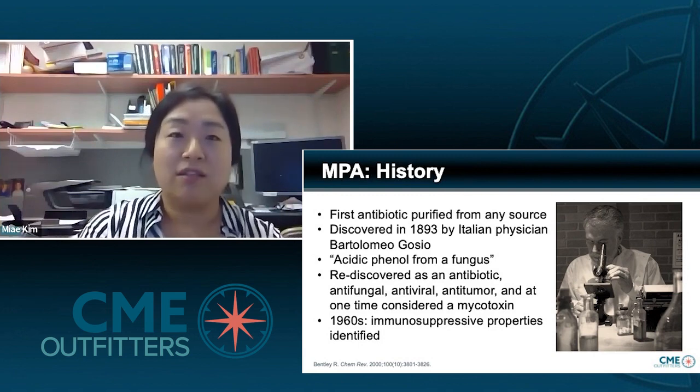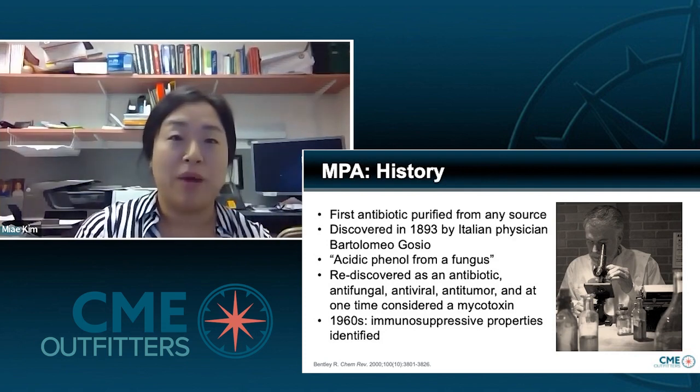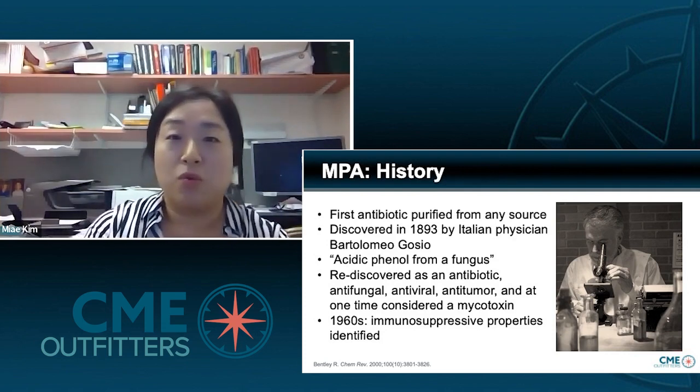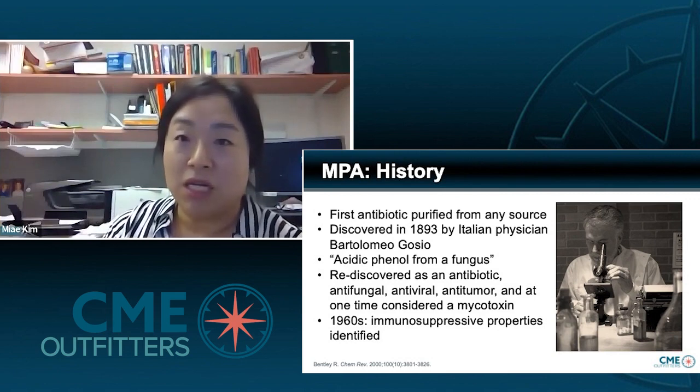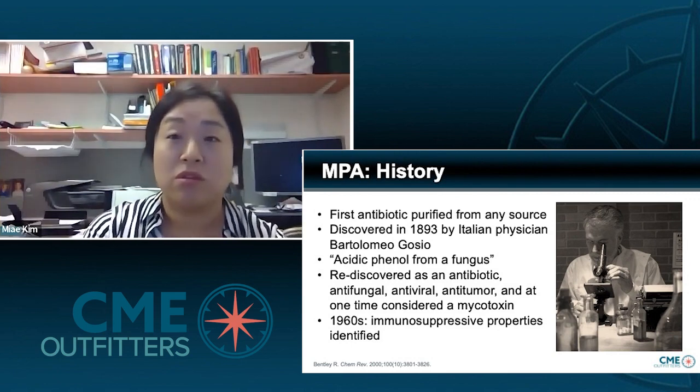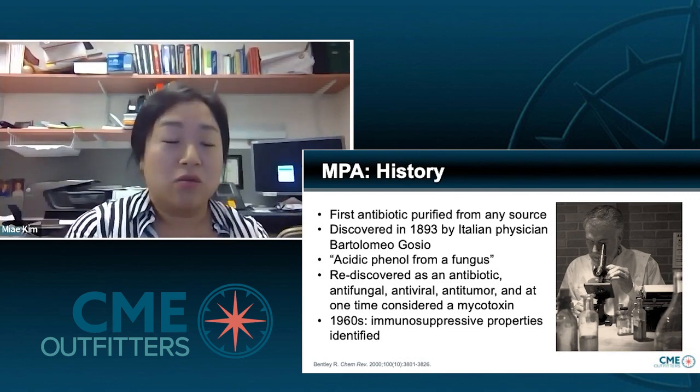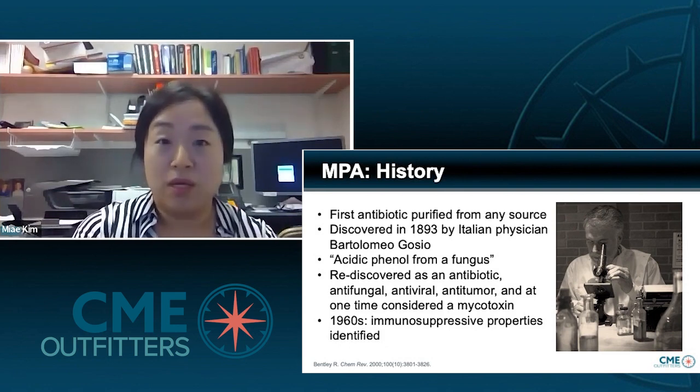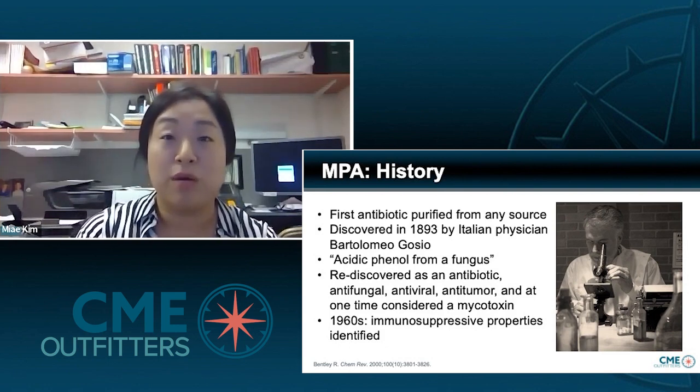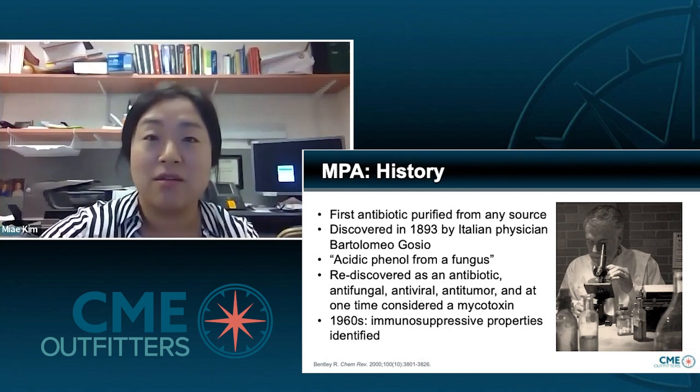But it was quite toxic. It was even once considered a mycotoxin, as it was found lethal in some doses in animal studies. It was not until the 1960s that its immunosuppressive property was identified.